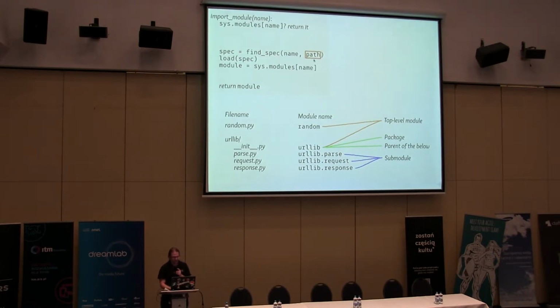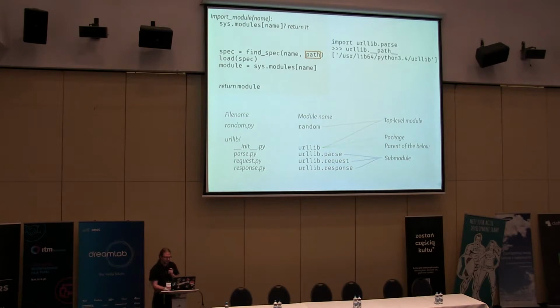So first of all, the path here is not taken from sys.path, but it's taken from the parent module. So each package has an attribute called __path__, which lists all the directories the submodules are loaded from. So submodules of urllib are loaded from here.